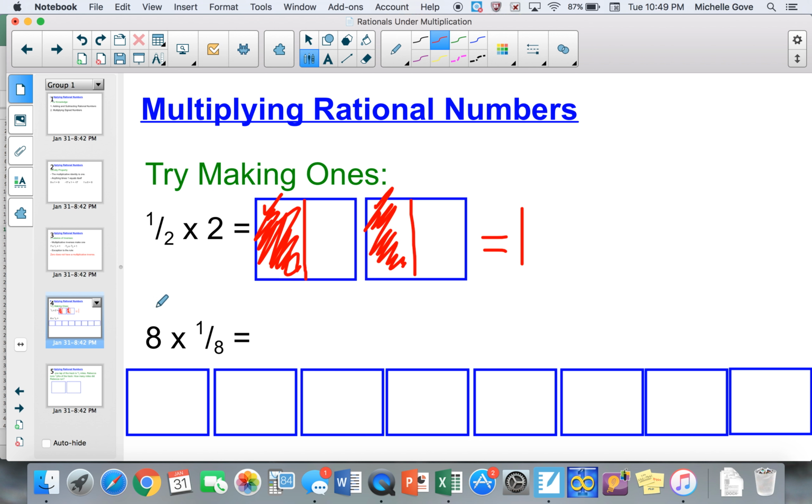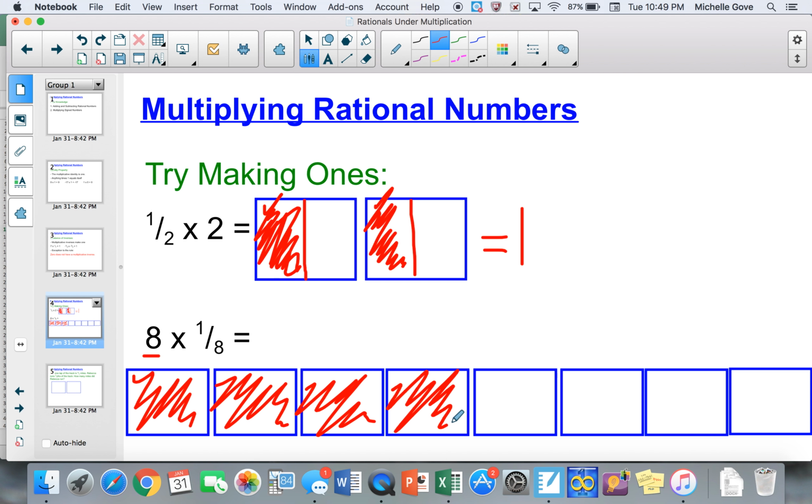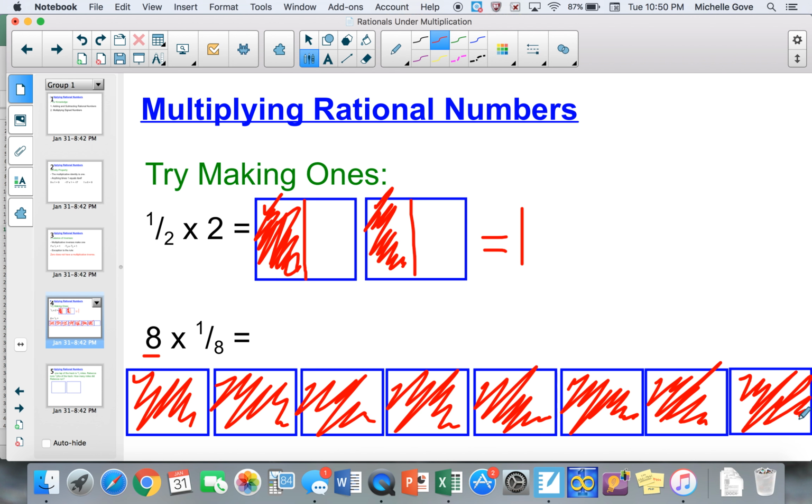We could also try this another way, where we have 8 times 1/8. Let's start with 8, and so I'm going to shade in 8 boxes. As we're shading in these boxes, I have 8 full boxes now.